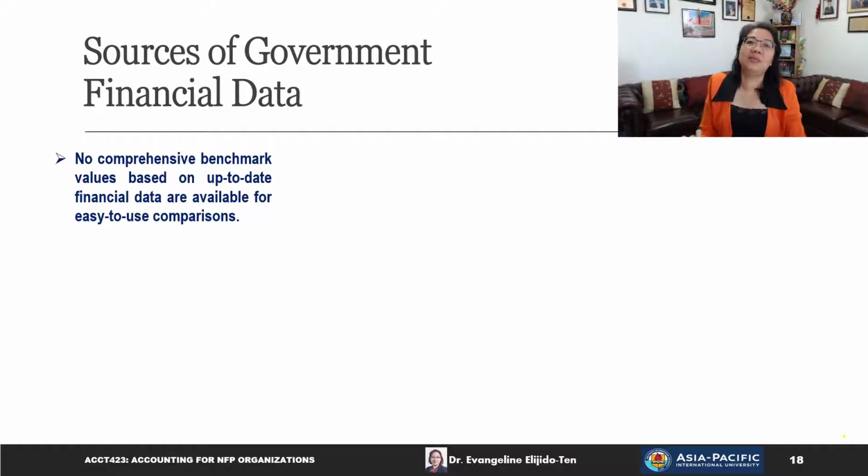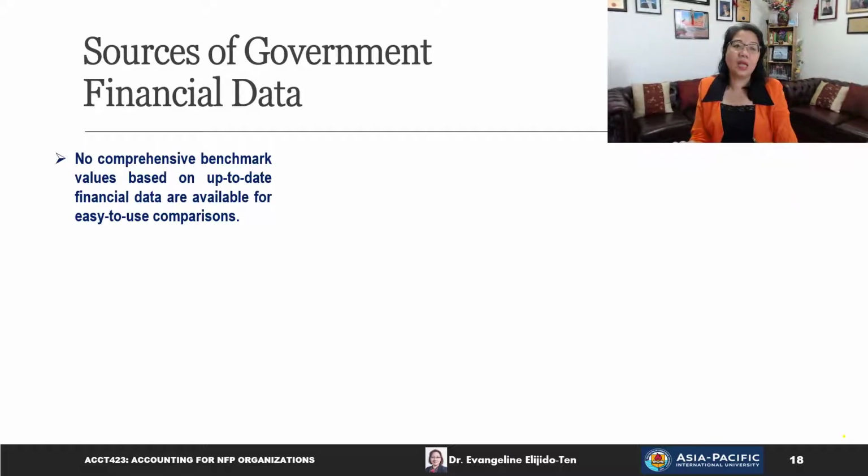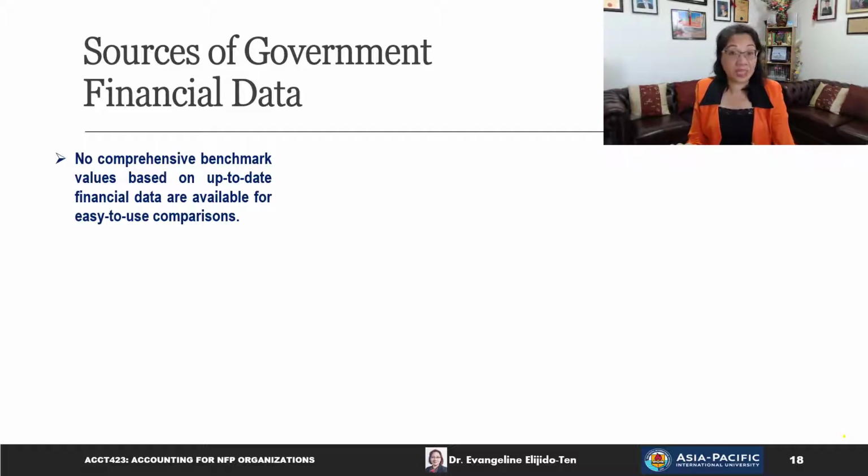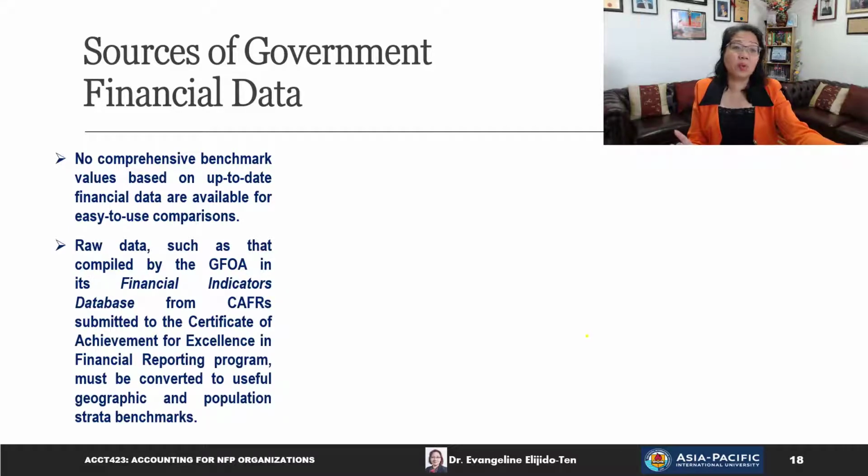Now, where do we get this financial data for government? Unfortunately, there are no comprehensive benchmark values based on up-to-date financial data that are available for easy-to-use comparisons. There is some data available out there, but it's not ready to use and it's not that easy to use. For example, there is raw data such as that compiled by the GFOA in its financial indicators database from comprehensive annual financial reports that are submitted to the Certificate of Achievement for Excellence in Financial Reporting program.